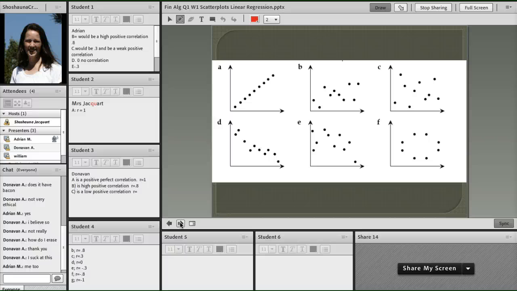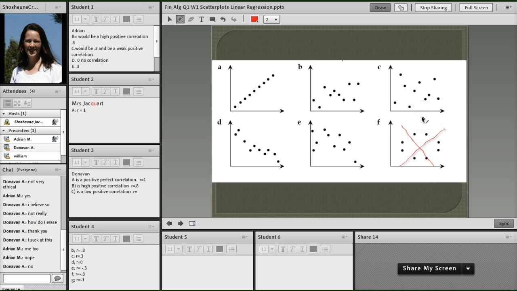Okay. So if we were to just put in a trend line or a line of best fit or a regression line on these ones, we kind of did that already. Looking at F, can you put a trend line in F? No correlation, I would say. Yeah, there's no correlation on that one. So there would also be no regression on that one.